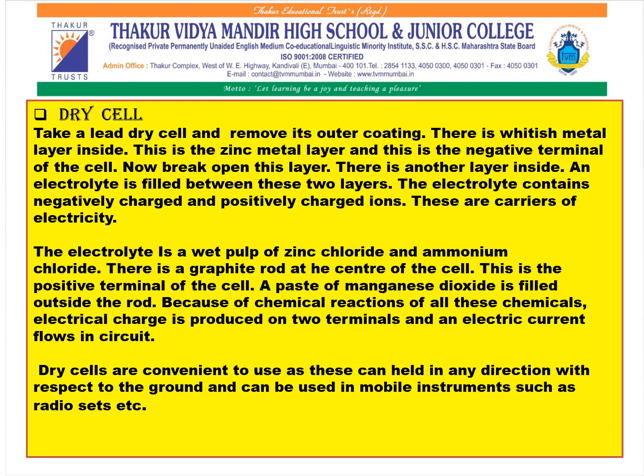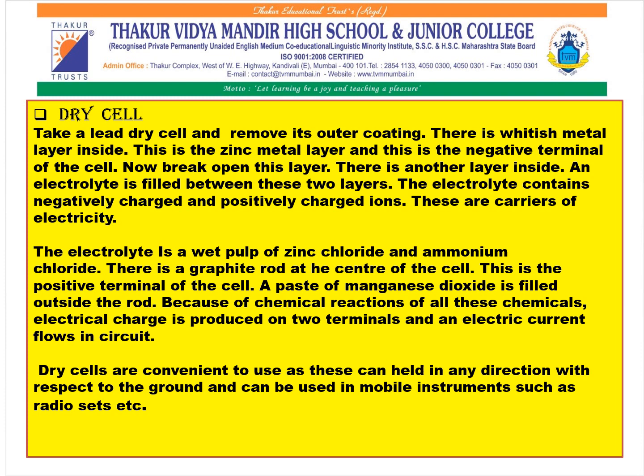Take a dry cell and remove its outer covering. There is a whitish metal layer inside, and this is the zinc metal layer, which is the negative terminal of the cell.